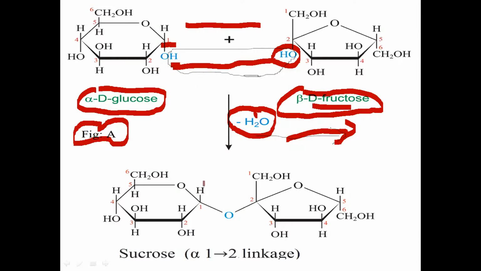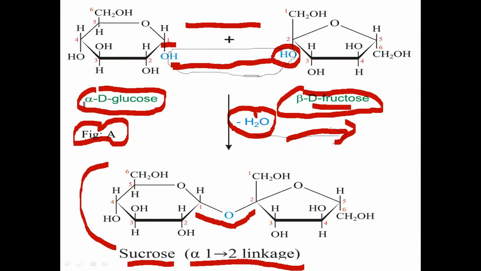So as a result, a glycosidic linkage is formed between carbon 1 and carbon 2 of D-glucose and D-fructose. So you can see here the sucrose molecule is formed, and the linkage is an alpha 1,2 linkage, because the glucose involved in the formation of sucrose is in alpha orientation, because the OH present at carbon 1 is on the lower side.